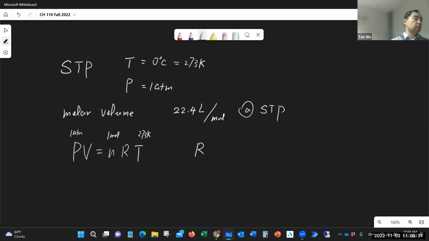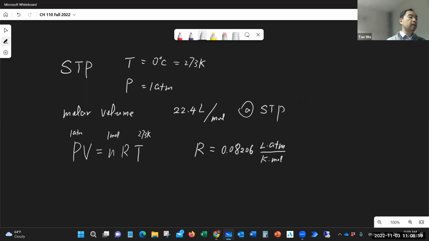And we also talked about the constant. The ideal gas constant has a lot of different numbers, but the only difference is the unit. If you're using different units, you're going to have a different constant. The number we're using is 0.08206, and this is liter atmosphere divided by Kelvin divided by mole.